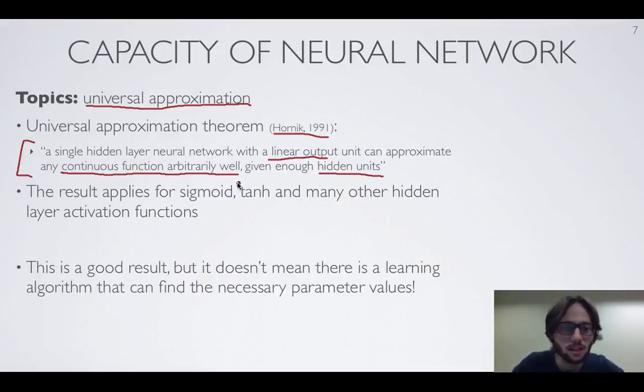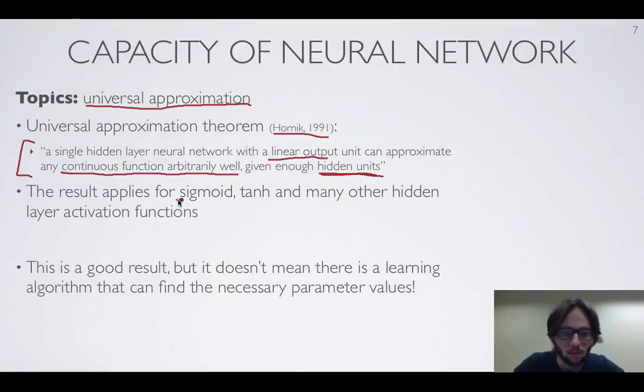But this is essentially saying that if we have a function which is continuous, so that does not vary too much, then we can actually model it as long as we give our neural network enough hidden units. So there are values of the weights and biases of these hidden units and the output unit such that we can model any function arbitrarily well.